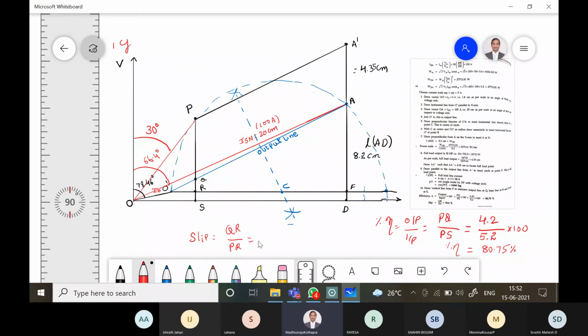Measure both, and you will get 10.4% as your percentage slip. How much did you get, Momina?